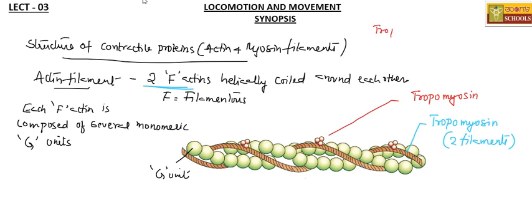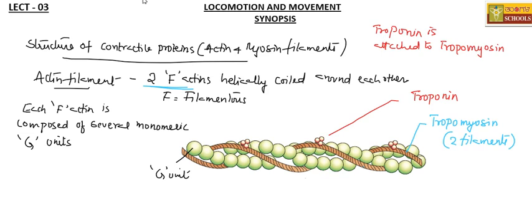So troponin is attached to tropomyosin. So this is what troponin is.